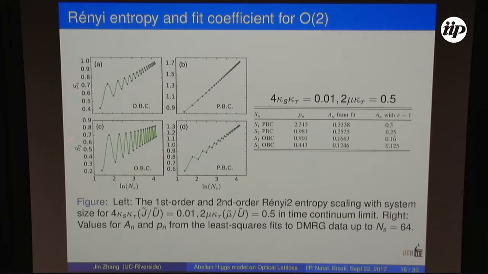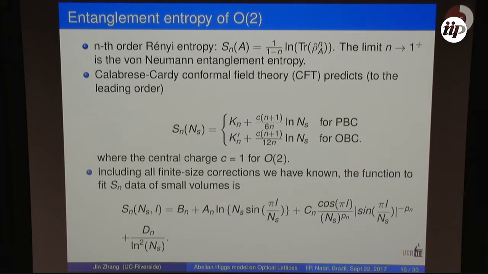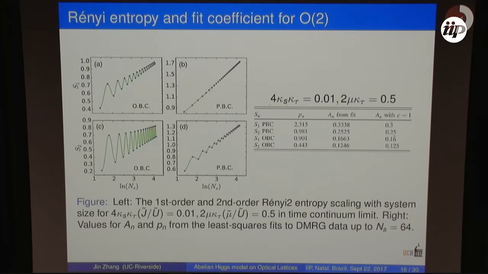We can see that this function fits this data very well, and the parameter a_n here, which is related to the central charge, is consistent with the theoretical prediction. It's very close.